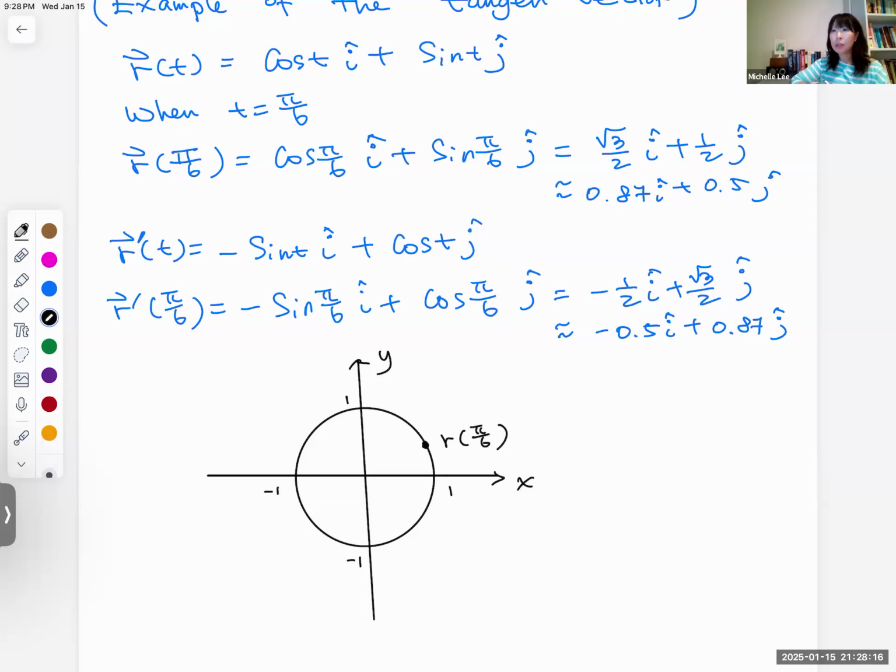Okay, from there, I want to indicate r prime of pi over 6. So that will be negative 0.5 and then 0.87.